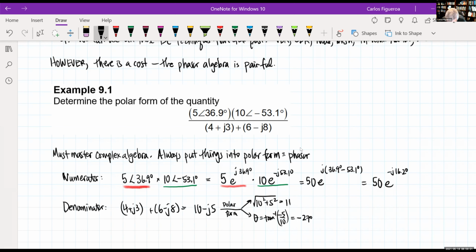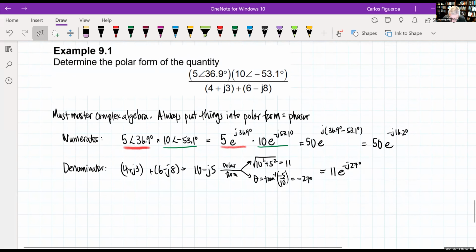So this tells me that now I have a polar vector, which is 11 e to the minus j 27 degrees. So now, if I put this all together, I then have the following algebra here. I multiplied the first two terms, right?